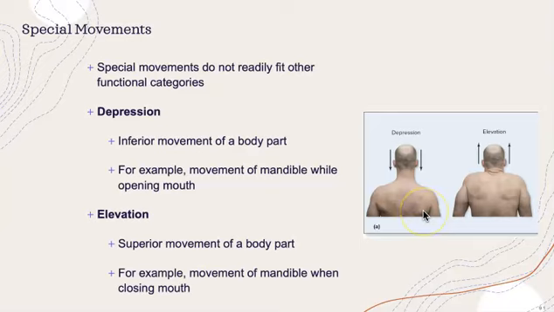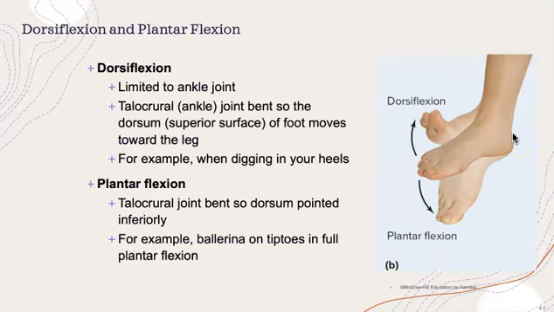We can do this with our mandible or our lower jaw as well by opening our mouth. And when we lift our mouth up to close our mouth, that is that superior movement that we call elevation. We can also elevate our scapula by shrugging our shoulders, and that lifts our scapula up closer to the superior end of our body.